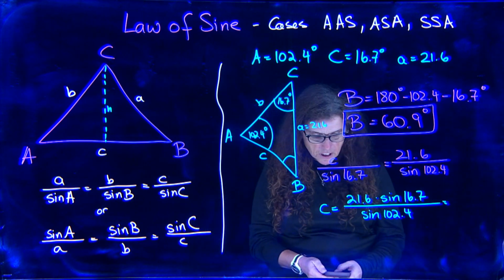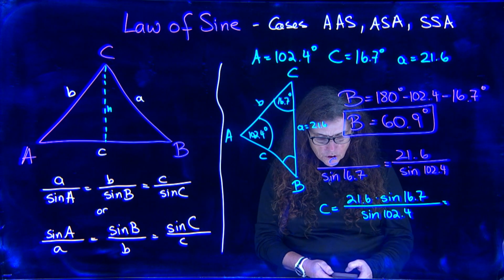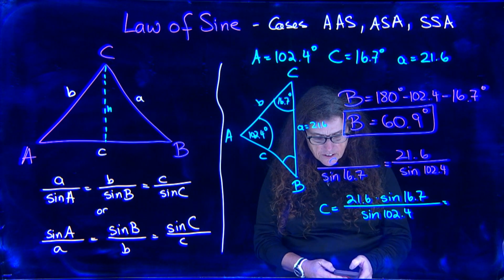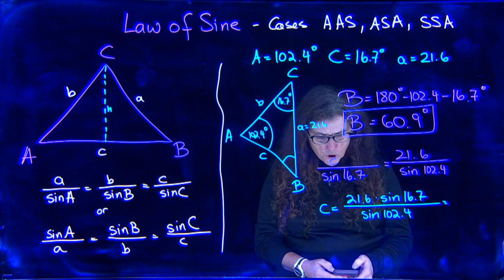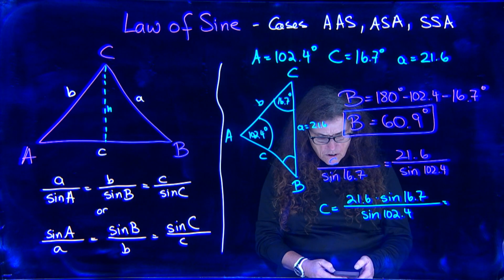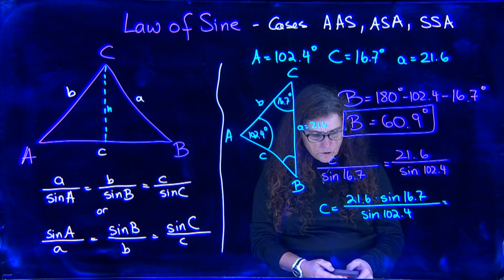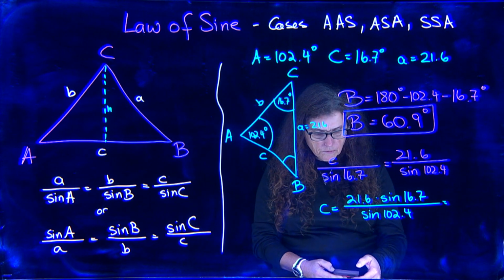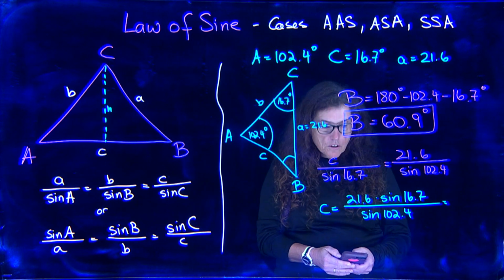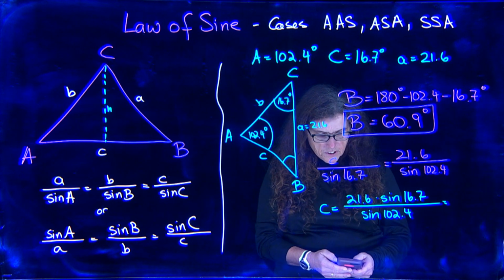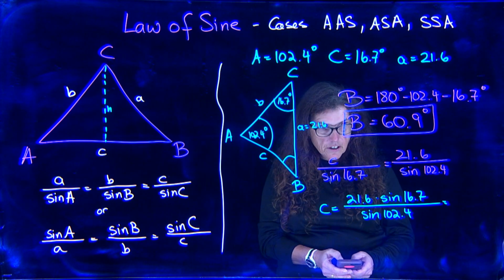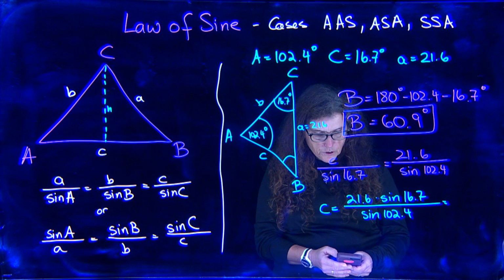Also, if you use your calculator, make sure that your calculator is in degree mode. I'm looking at mine. It's in radians, so I'm going to change it to degree mode. Let me make sure that actually worked. Done. Okay, 21.6 times the sine of 16.7.